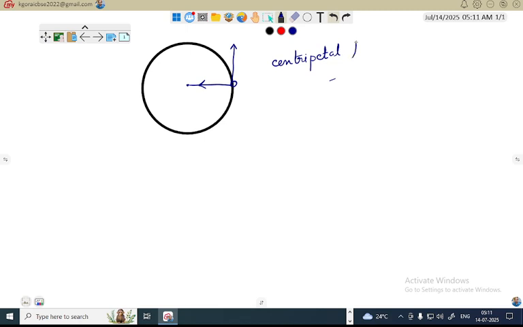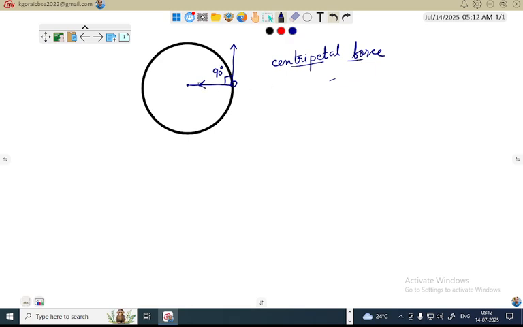Centripetal force is towards the center of the circle. And this is the direction of the particle at this moment, and you see this is always 90 degrees to the radius of this circle. And centripetal force is always towards the center of the circle. That is the centripetal force.